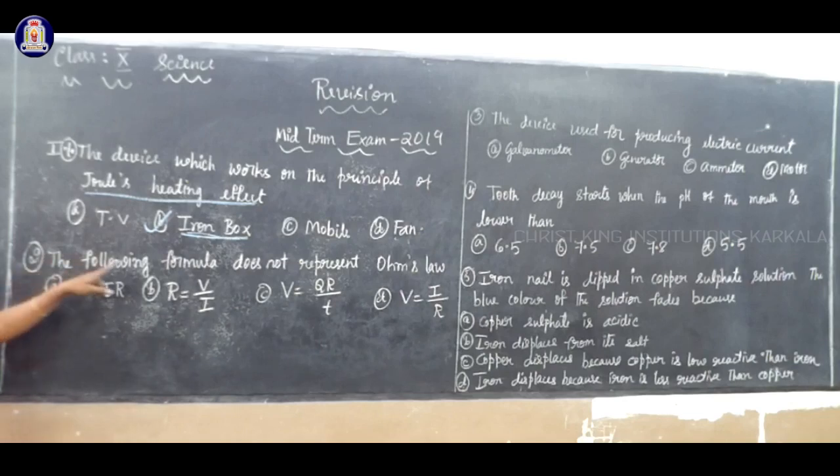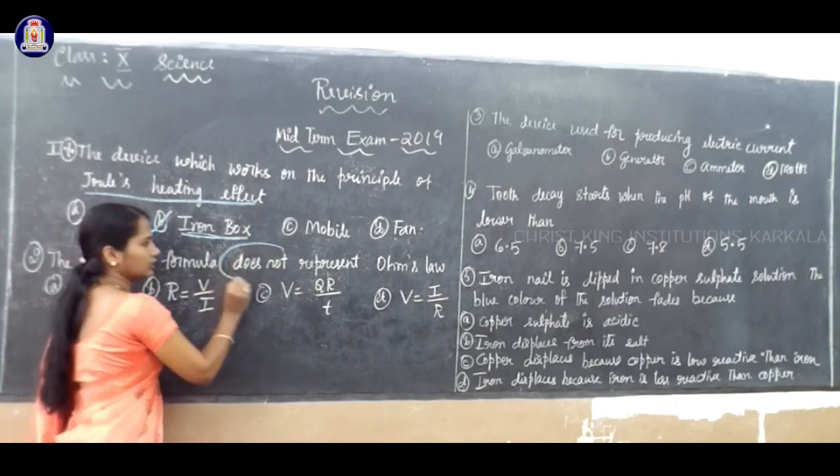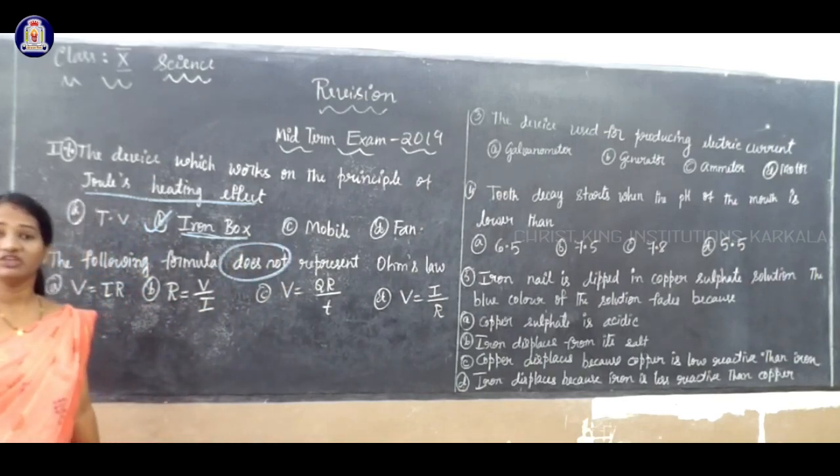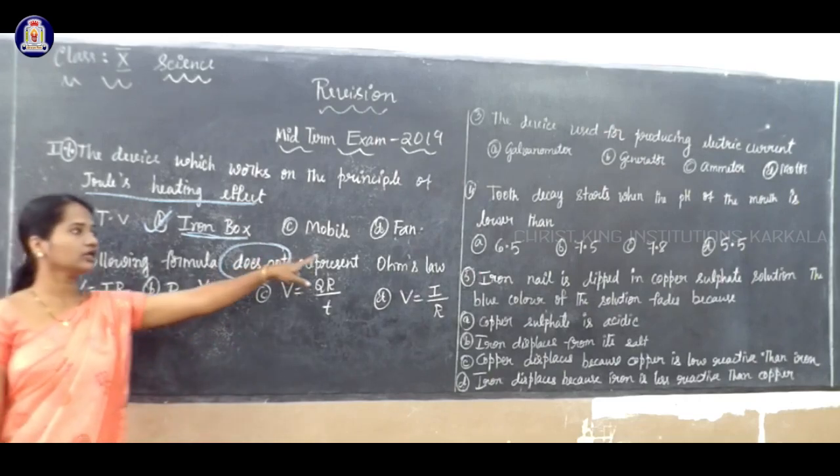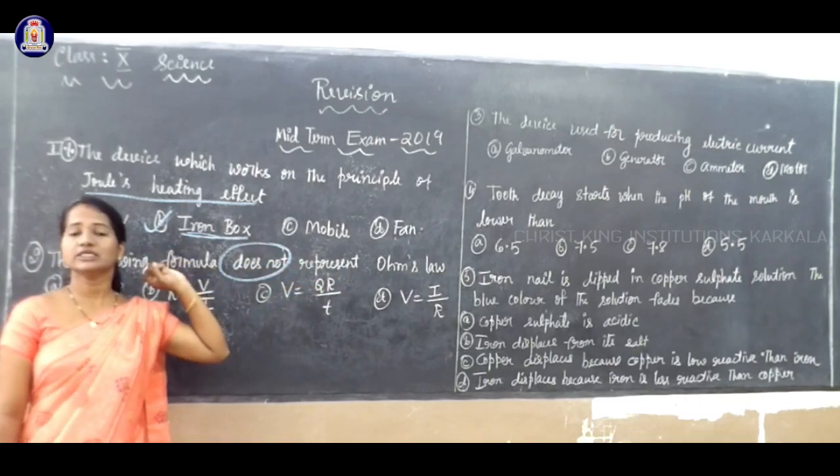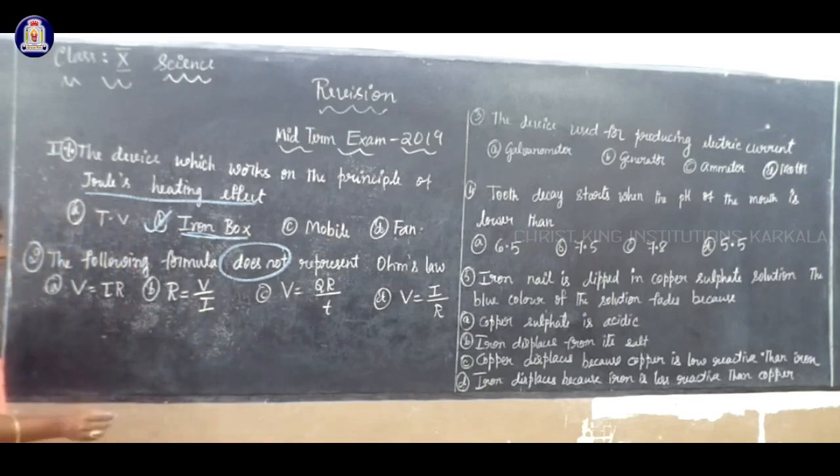The following formula does not represent Ohm's law. Which formula does not represent Ohm's law? So what is our Ohm's law formula? Ohm's law formula is V is equal to I into R. This is the actual formula.